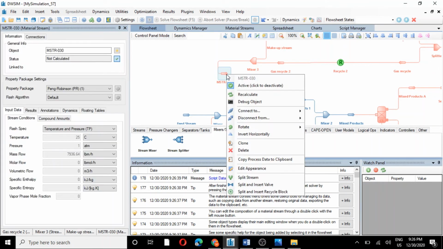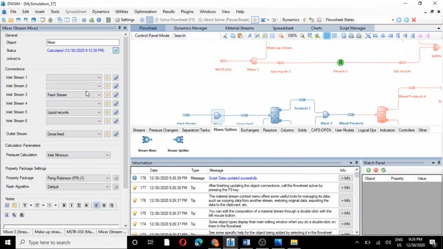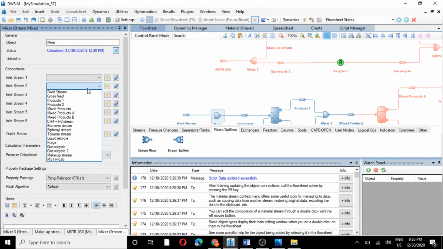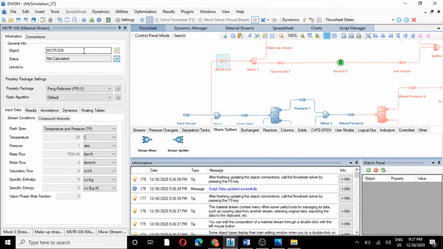Just gonna invert horizontally, and this stream, gonna introduce it into our first mixer. I will call this makeup plus gas. Enter.